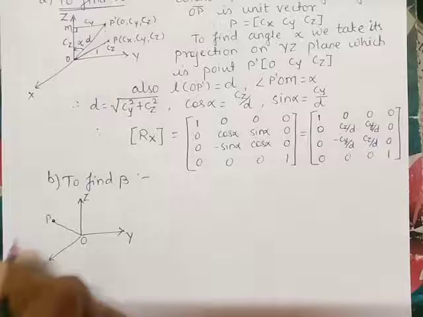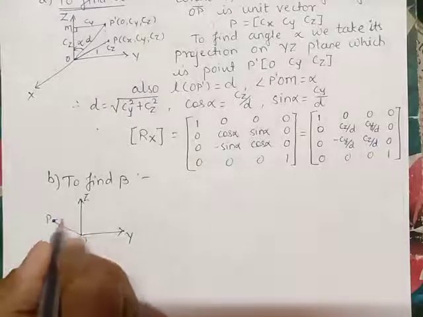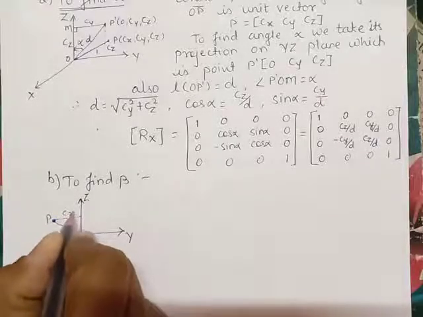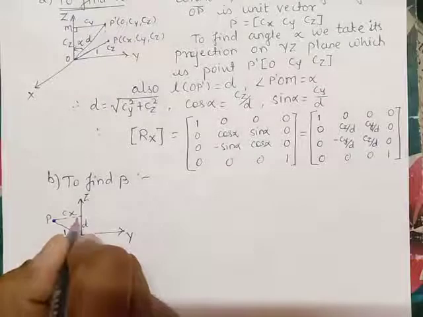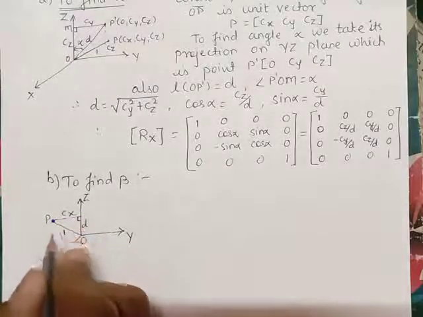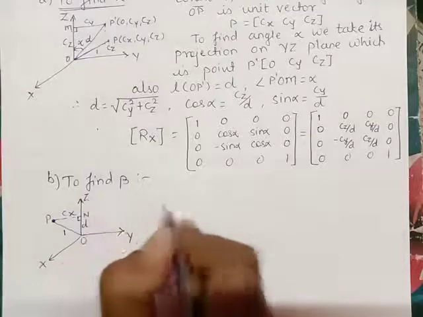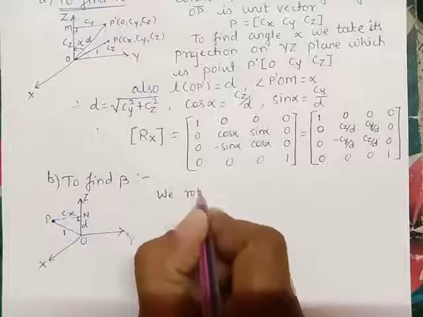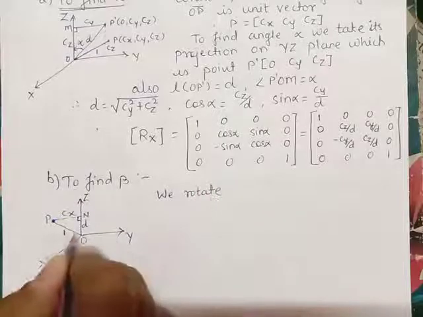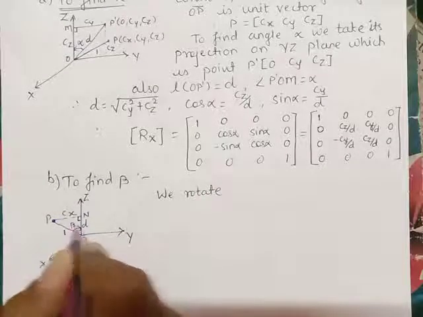So here the point P will be there. This much distance is how much? Cx, you know, this is d, and this is what? 1 here. So here we rotate. This angle is what? Beta here, right?